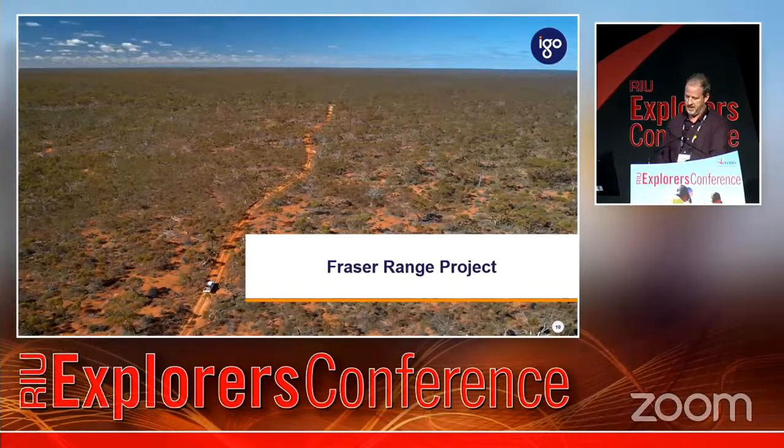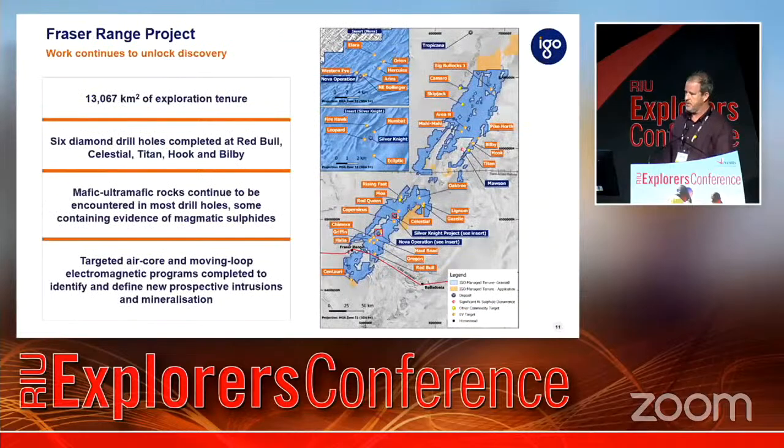Let's move on to the Fraser Range, which hosts our Nova deposit. So we've had an outstanding commitment in the Albany Fraser over the last 5 years. It is great having a belt-wide scale project portfolio, but it's also difficult to explore that. We've systematically explored using airborne electromagnetics and air core programs across the entire belt. And to date, we've mapped about 600 mafic and ultramafic intrusions across that area.